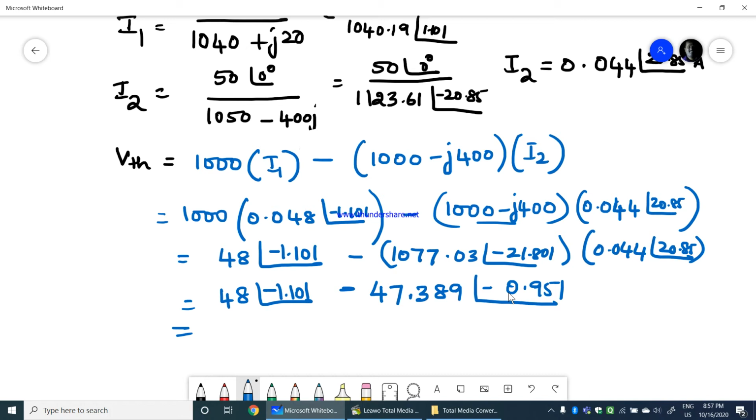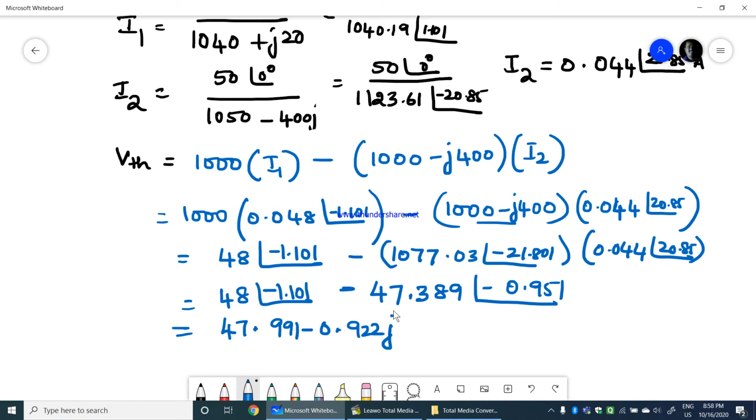rectangular of 48 comma minus 1.101 would be equal to 47.991 minus 0.922J, and then I'll convert again this into rectangular, 47.389 comma minus 0.951.